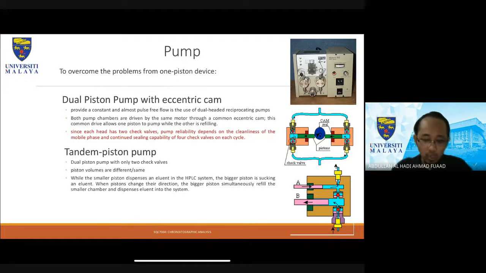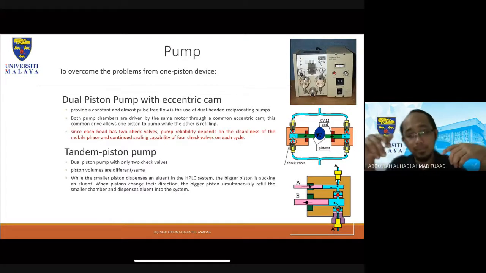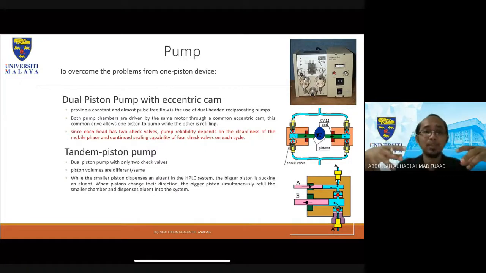All right, so to overcome this problem from one piston, so again, the pressure pulse is due to a one pump system. So you can overcome it by having a dual pump system where it complements one another.